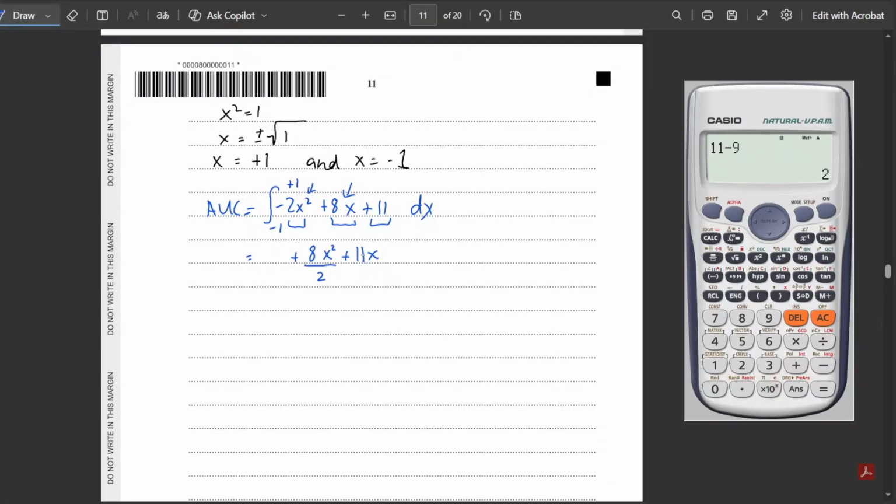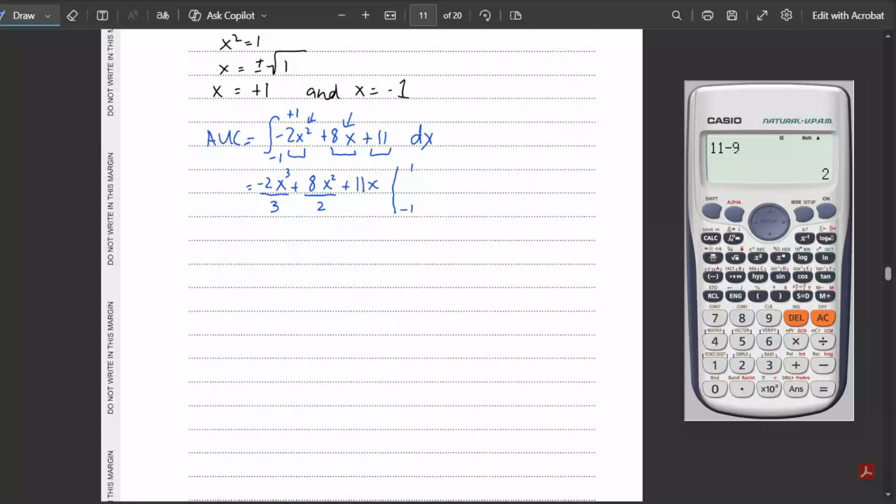And then this term is going to get me x to the power 3 over 3, and I'm going to have my negative 2 over here, and then of course the bounds are 1 and negative 1. I can simplify a bit over here, so 2 times 1 is 2, 2 times 4 is 8, so it leaves me with negative 2 over 3 x cubed plus 4x squared plus 11x, and the bounds are 1 and negative 1. Okay, so I think I've done everything correct so far.